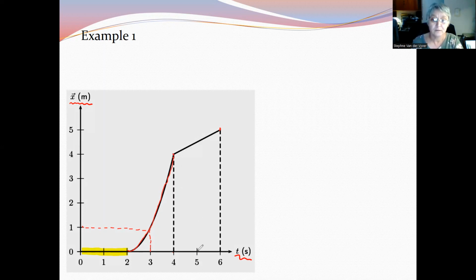It traveled from the 4th to the 5th second a distance of half a meter. So its velocity was half a meter per second. And in the next second, from the 5th to the 6th second, it traveled another half a meter to reach the position of 5 meters from the origin.